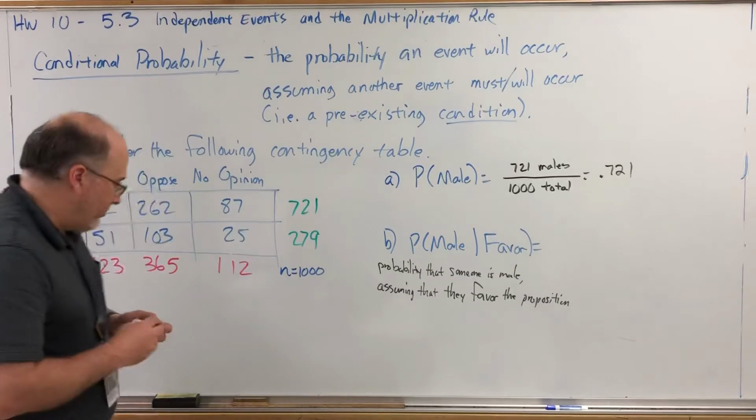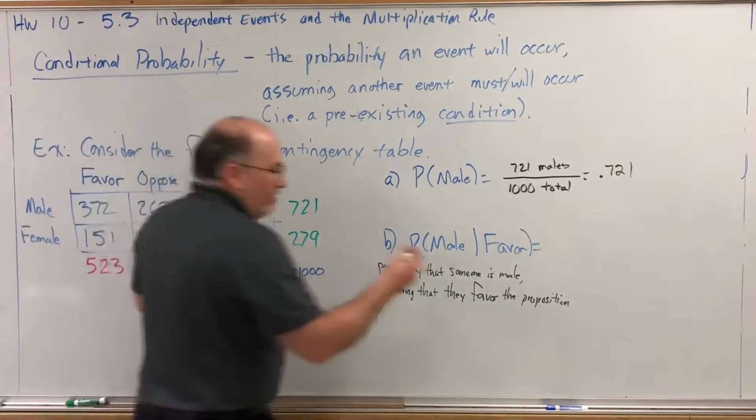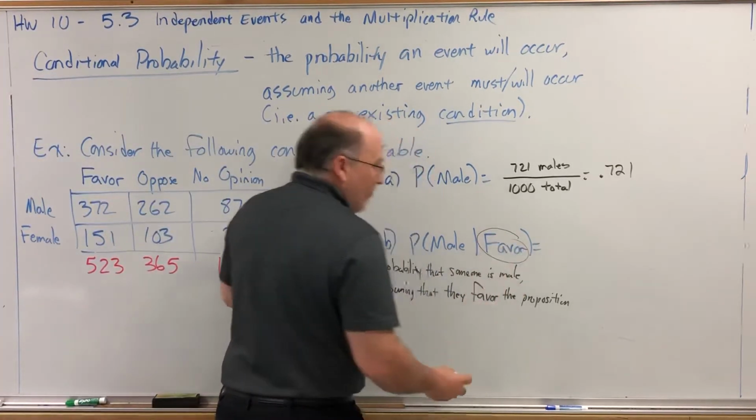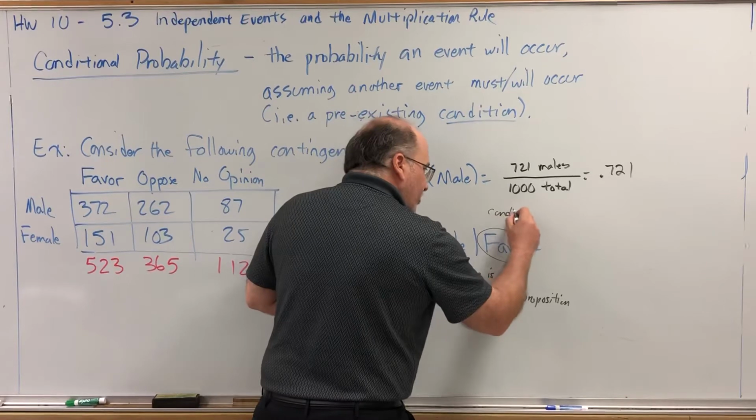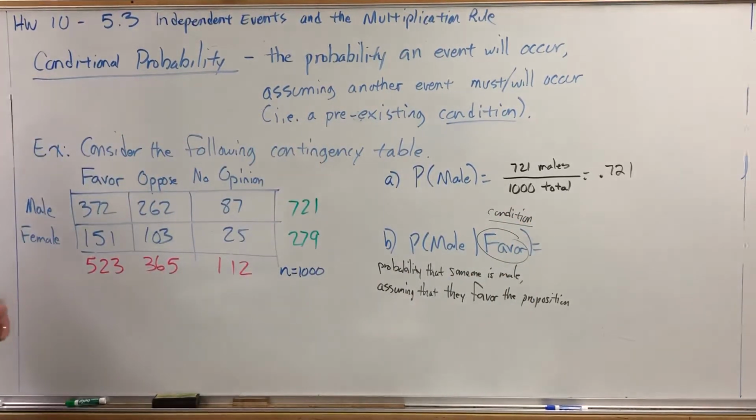So we're going to answer the same question. What's the probability that somebody is male? Except now we're not looking at everybody. We're only looking at the people who said they favor. This is the condition. If somebody favored the proposition, what is the probability that they were male?